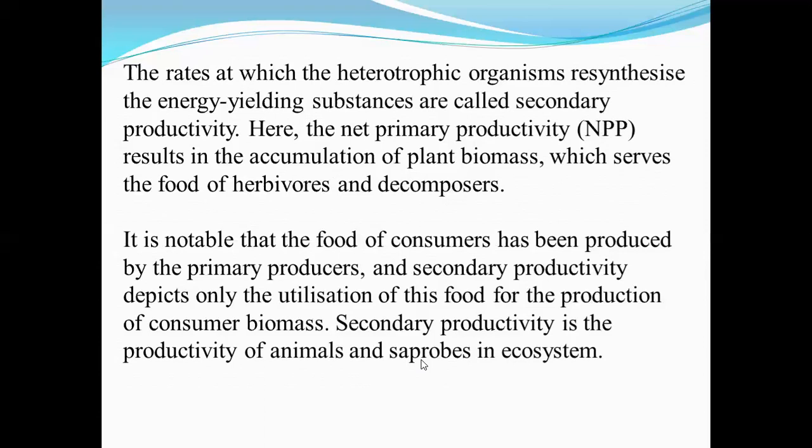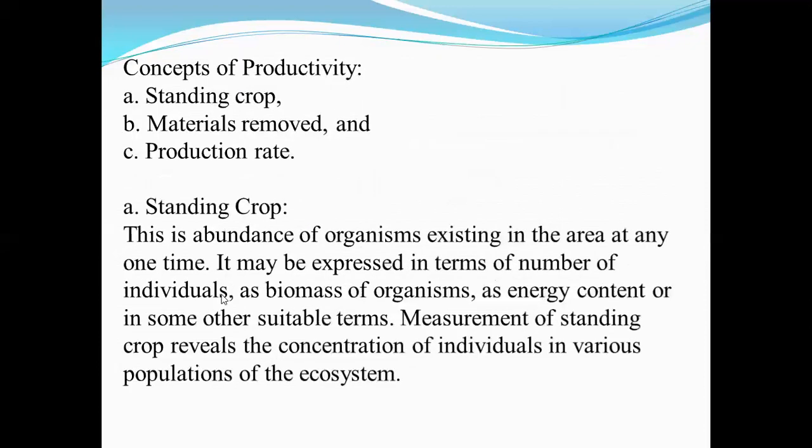So, when they pass it on to the carnivores, and when the carnivores die or herbivores die or the plant producers die, all these energy rich bodies are decomposed by the saprobes in the ecosystem. So whatever energy or productivity is going along these trophic levels and ultimately to the saprobes is the secondary productivity. Now, how can you understand the concept of productivity?